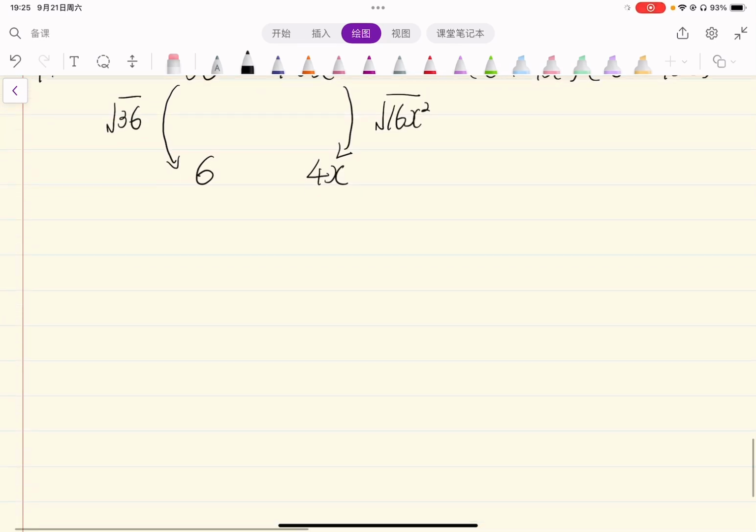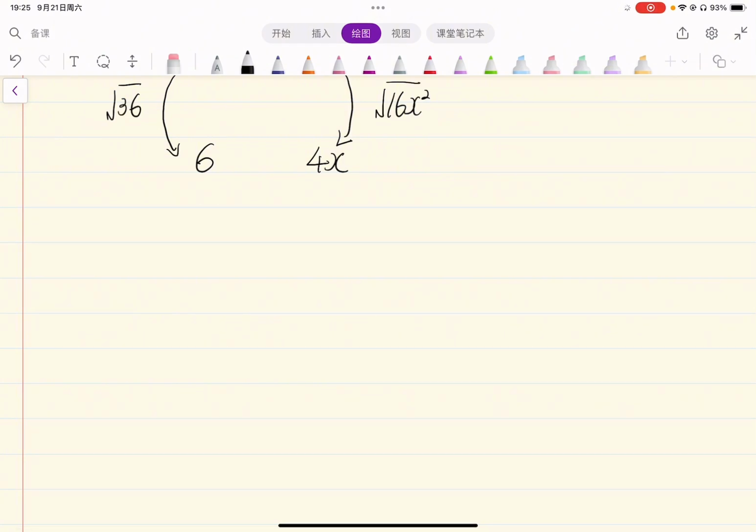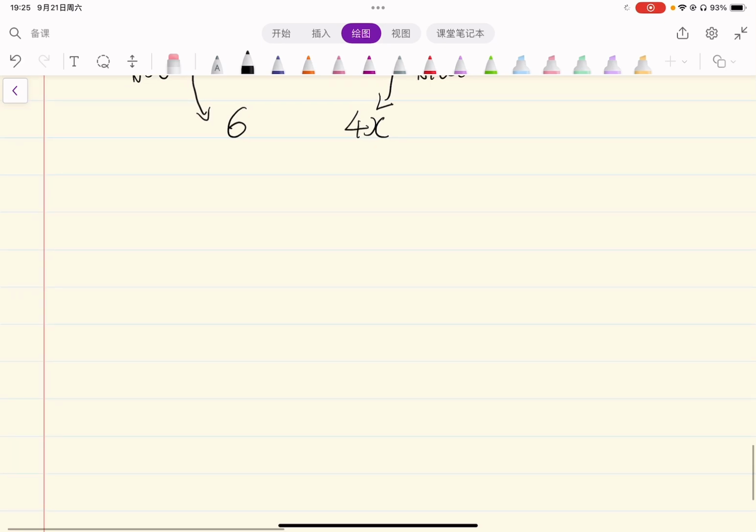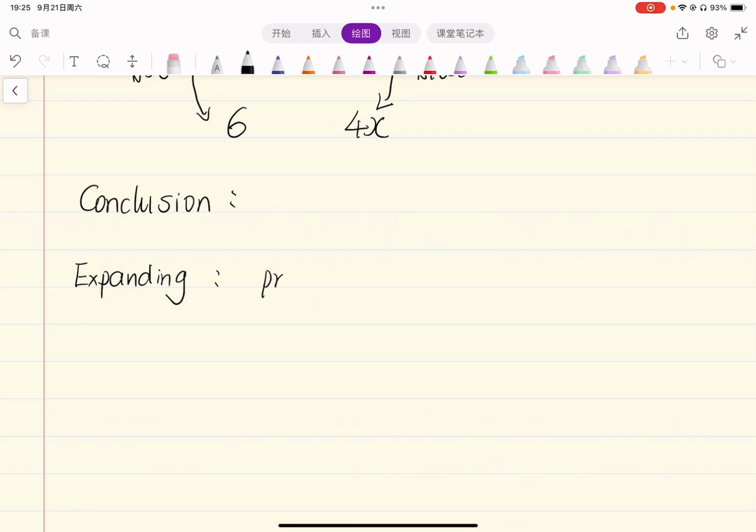Now, let me quickly make a conclusion of this lesson. Conclusion. We learned about expanding. What is that? It's a product of expressions. How do we do that?